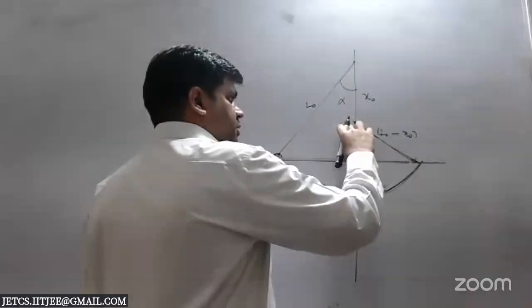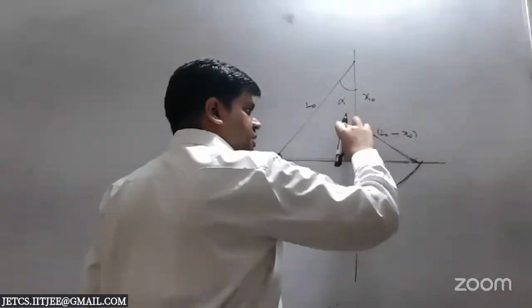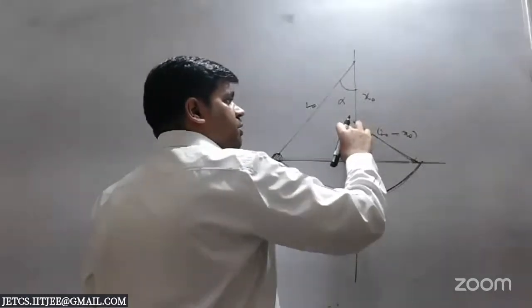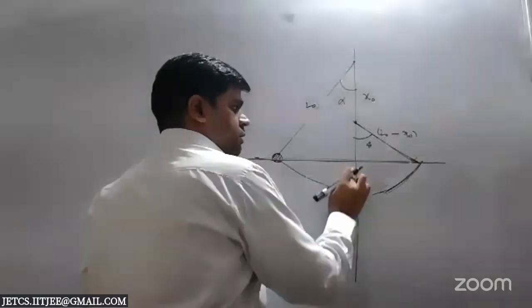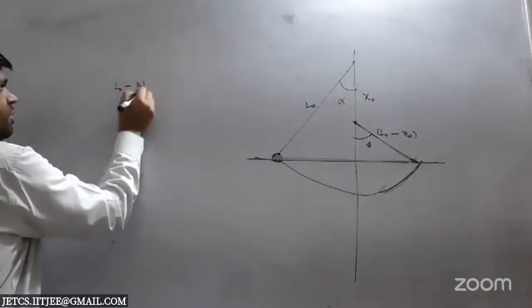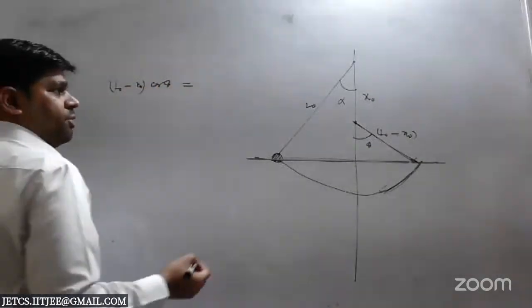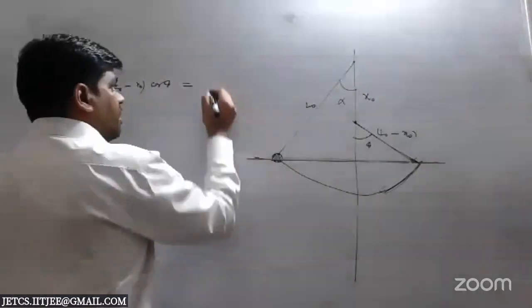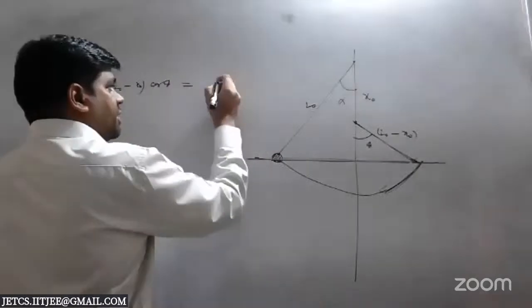I equate this. Here, this vertical should be same. So L naught minus x cos theta should be equal to this minus this, right? So L naught minus x naught cos theta should be equal to total length is L, or this length is how much? L naught minus x naught.